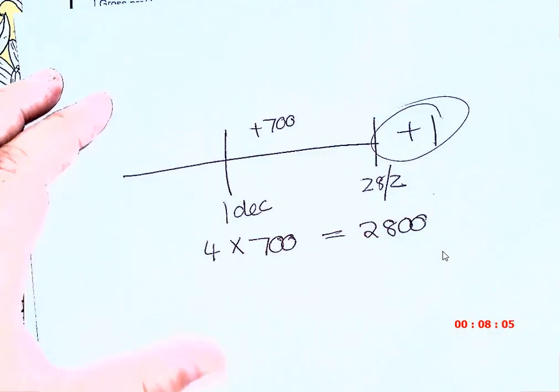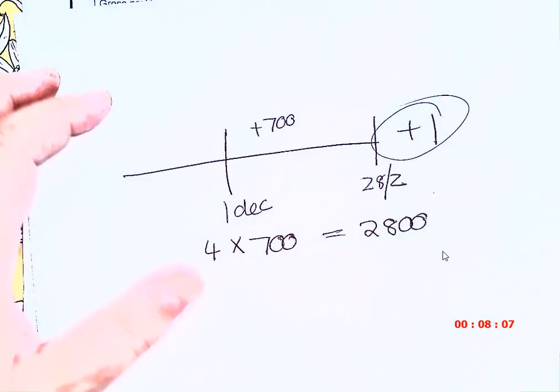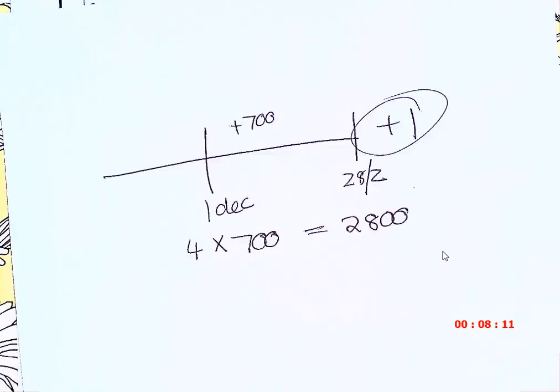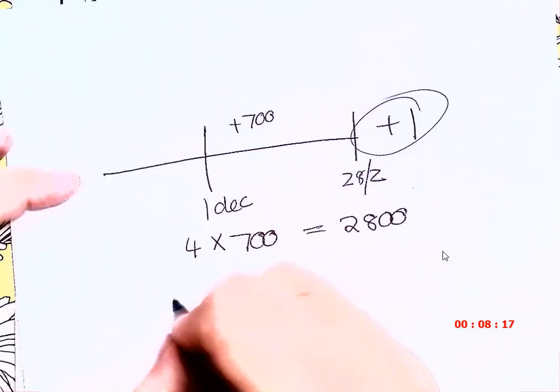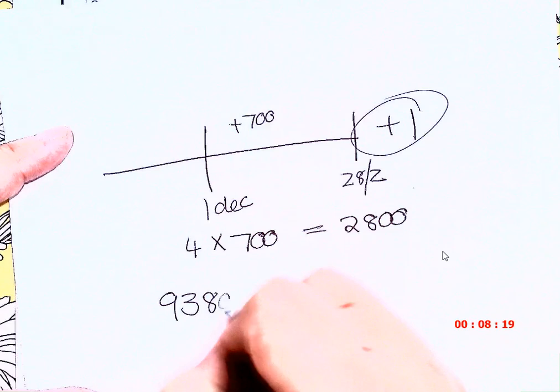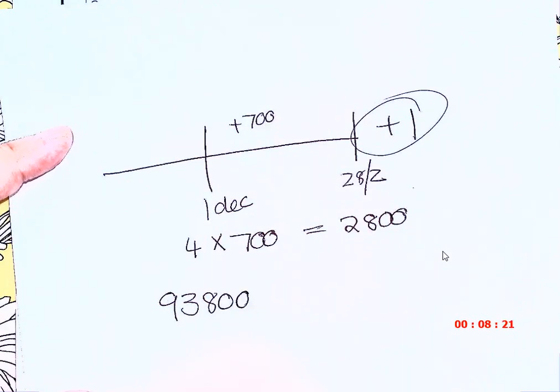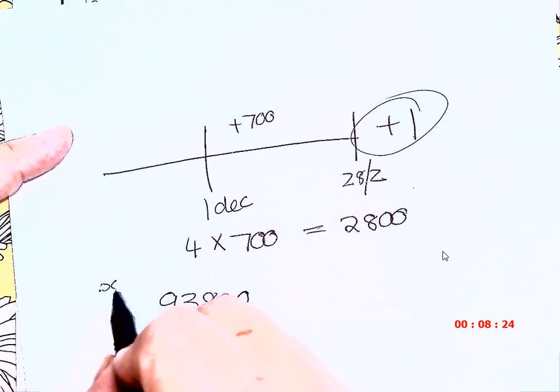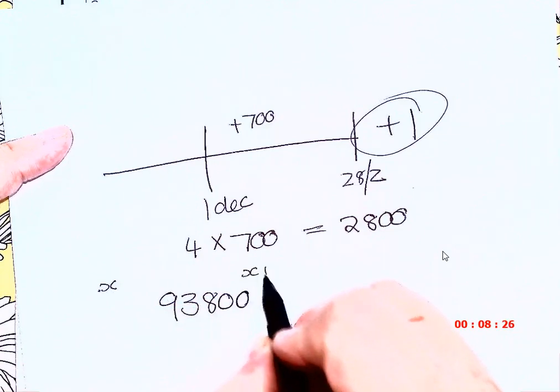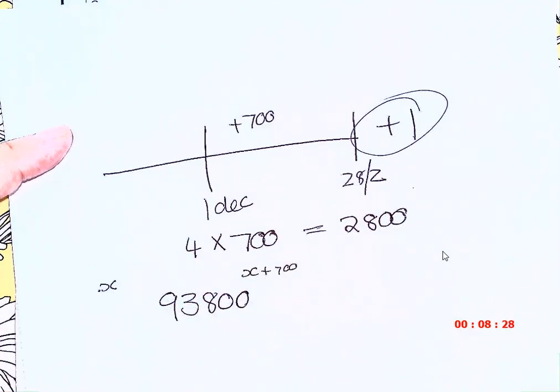So now, if I take the total rent income that I get in the trial balance, what is that? Rent income, anybody? 93,800. That 93,800, do you agree with me? This was a few months at X and a few months at X plus 700. Okay?